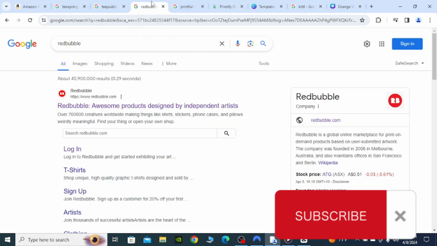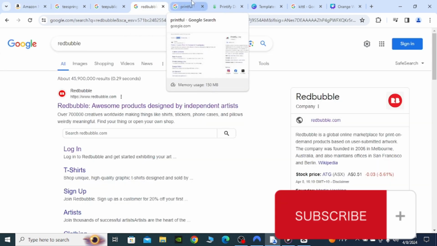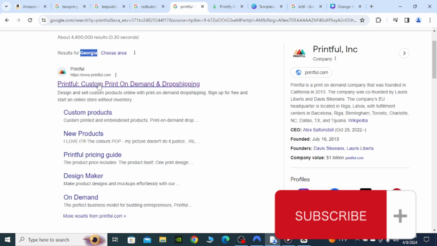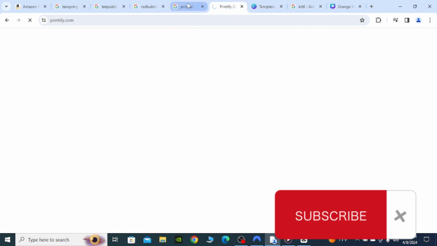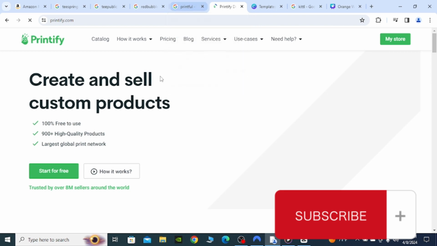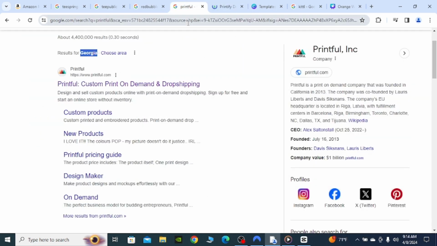The other method is a website like Printful or even Printify. There are many, but these two are the most popular at the moment. So what they do is, they will not do any promoting of your design.